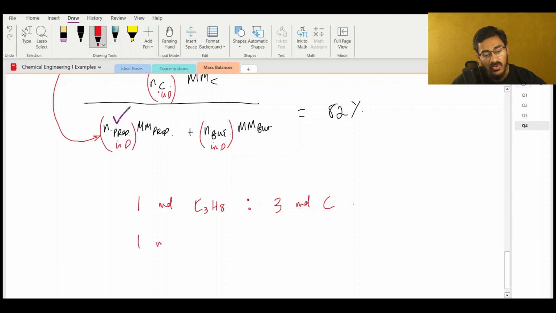And for every 1 mole of butane, which is C4H10, do you agree that I need 4 moles worth of carbon atoms? Okay, if you agree with me, then you're in a good place.